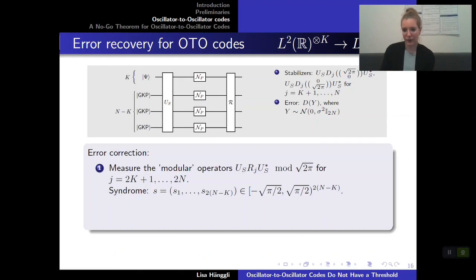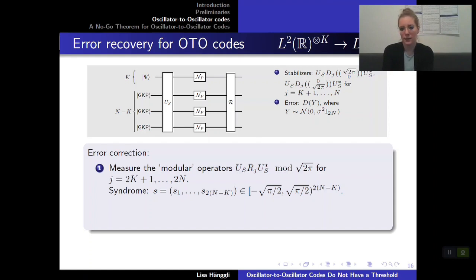So now also error correction proceeds similarly to the pure GKP case. Namely, we recall that in the GKP case, we measured the mode operators modulo the dual lattice. And here we do the same, just that we only take those mode operators corresponding to the auxiliary modes, and more precisely their transformed version.